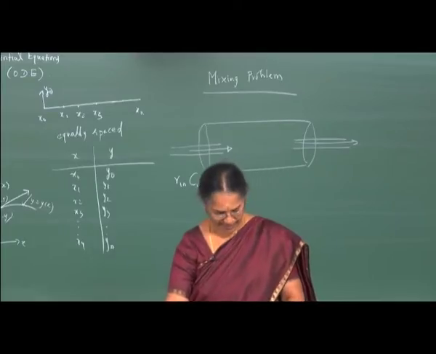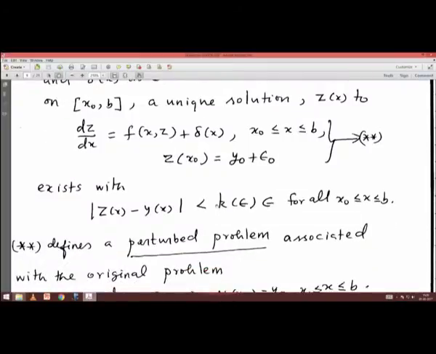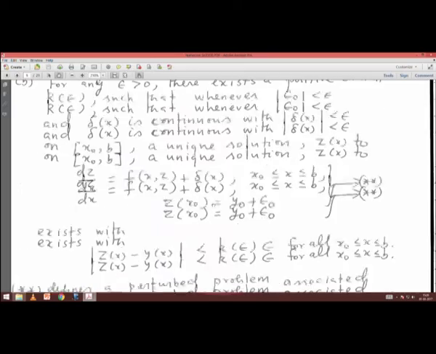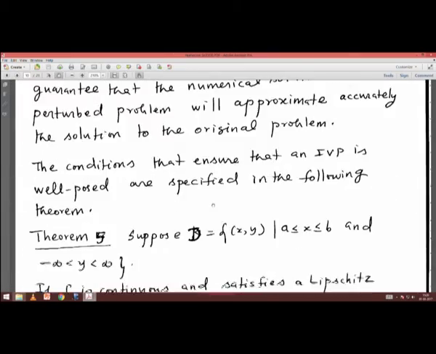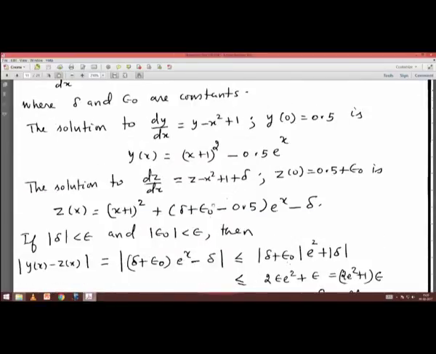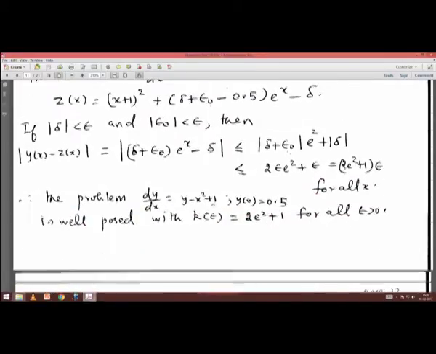Yes, we have shown that. And modulus of z minus y must be less than k of epsilon into epsilon for all x naught less than or equal to x less than or equal to b. So, you should be able to find this k of epsilon. Yes, in the example that we have considered, we have been able to show that mod y of x minus z of x is less than or equal to 2e square plus 1 multiplied by epsilon.